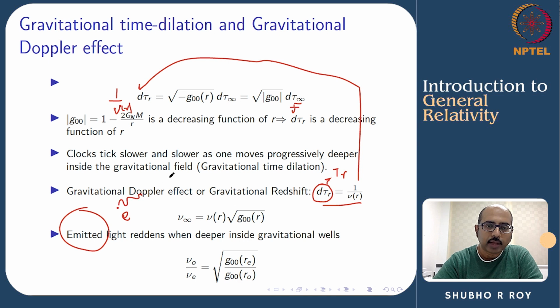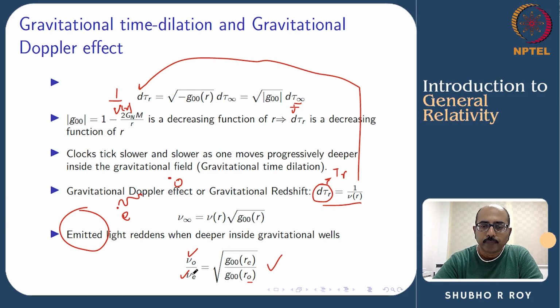And let's say that light travels to some location O, where the observer is. So E is for emission and O is for observation. Then the ratio of the observed frequency to the emitted frequency will of course be given by this formula, right? So nu O is 1 over this inverse relationship. As you can see, nu O and r O appear here.